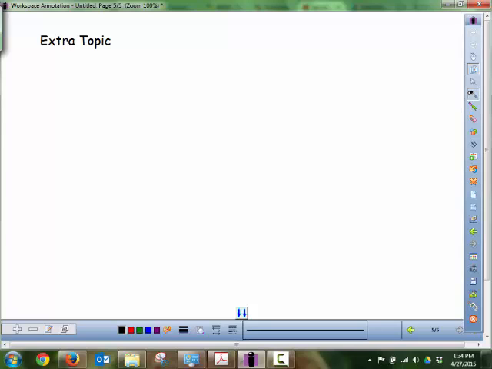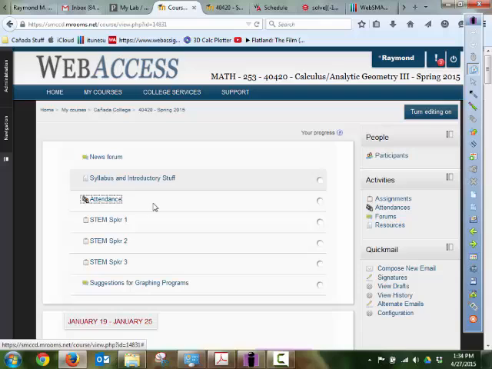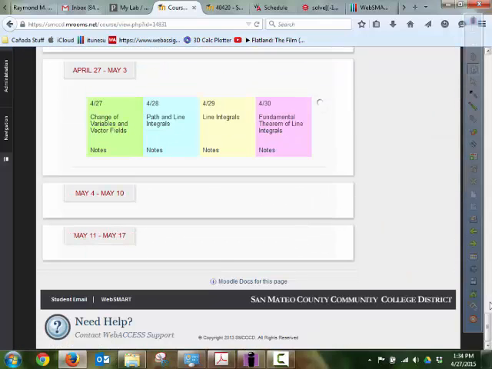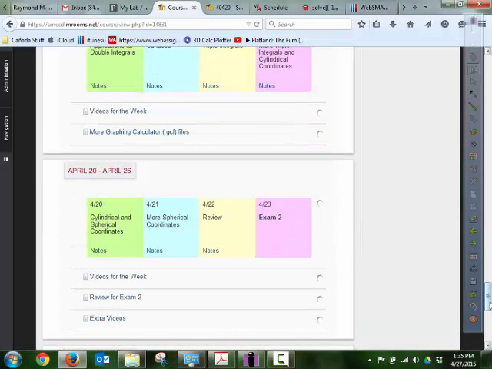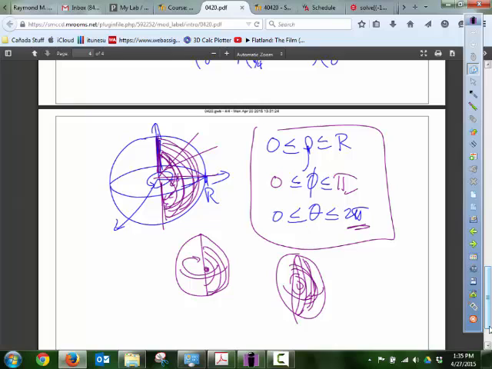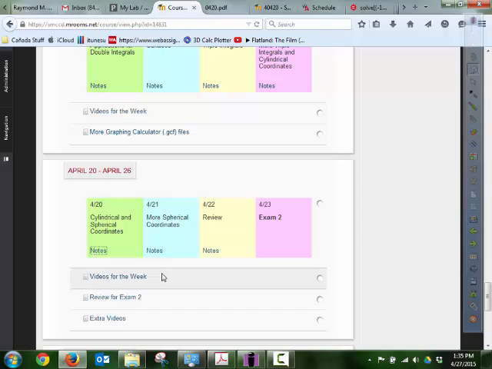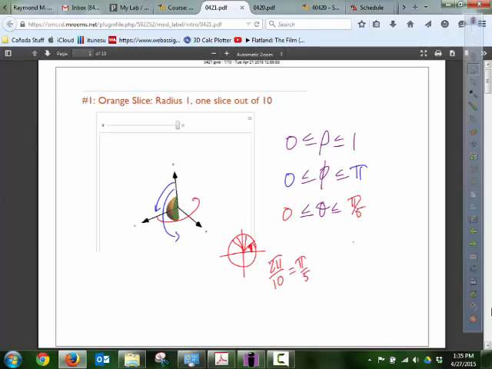so I think I had a bunch of things. Maybe if I can just look at the notes, maybe I don't have to redo this. Notes. So our notes from spherical coordinates. More spherical coordinates.